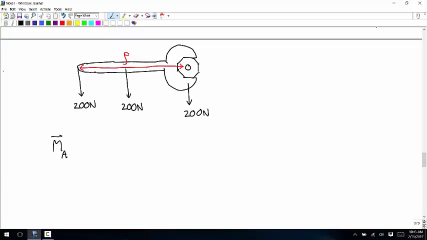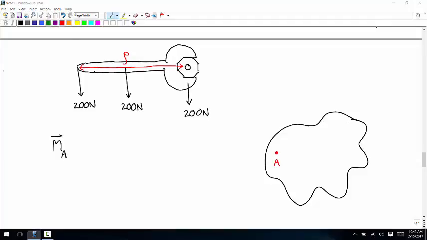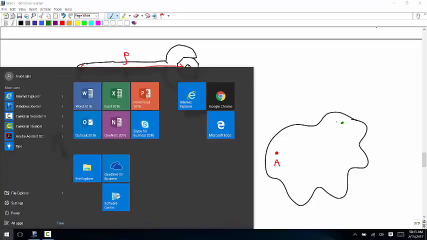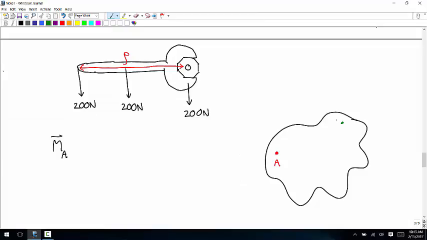before I do this, let me draw. You can squeeze this in over here. So let's say this is the object that you're trying to turn. This force is being applied to it. And let's say this is the about point A. And then at this location P, a force is being applied.